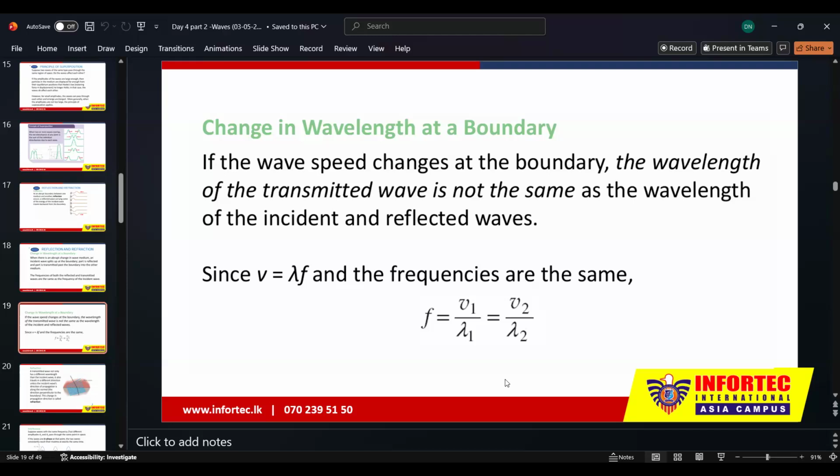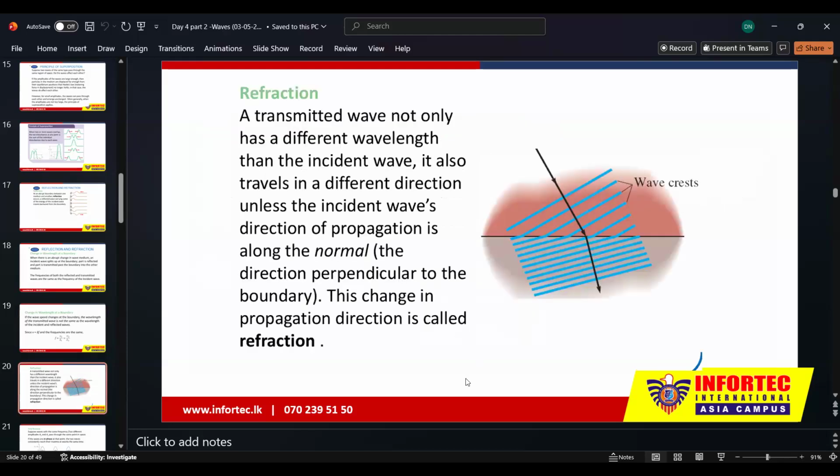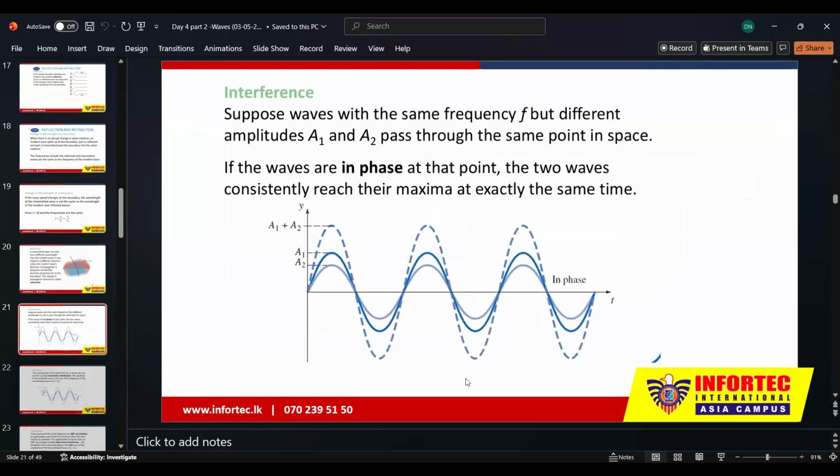At the boundary, for the transmitted, incident and reflected waves, the frequency is not changing through the medium. Velocity and lambda can change. Then v is equal to f lambda, so f is equal to v1 over lambda 1 and v2 over lambda 2. f is constant, right?